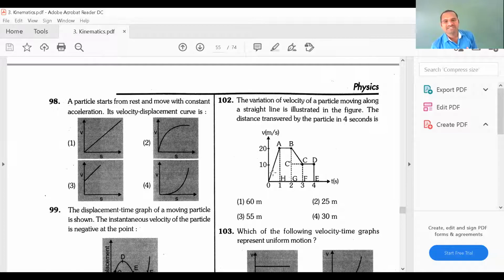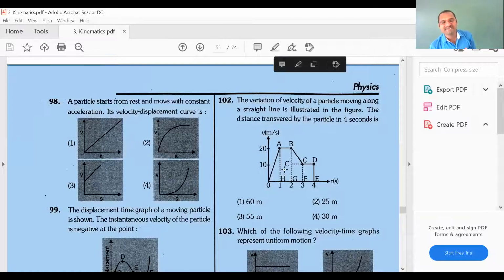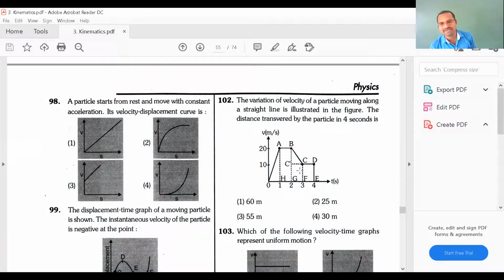So what to do? This triangle area plus this rectangle area plus this square area, and this rectangle area and this square area. Then you will get the answer. So I am taking this data on this board. First 10, 20.